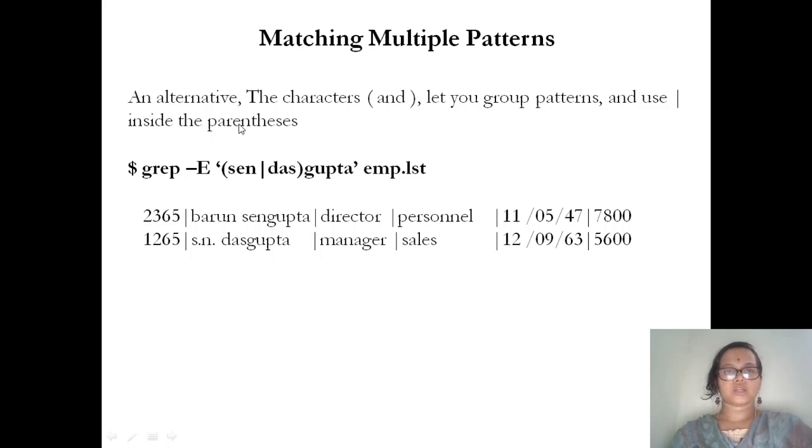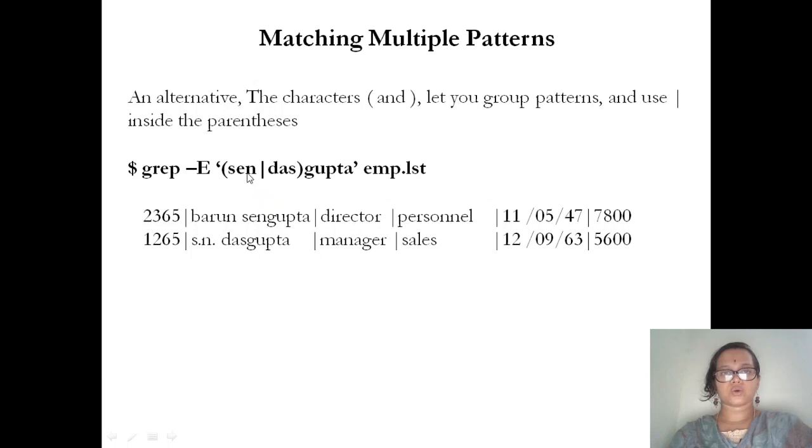An alternative for this is the parenthesis characters, which let you group patterns, so you use pipes inside the parenthesis. If you want to group patterns, then you can group them by using a parenthesis over here. Check it out with this instance, like grep -E, and you can see within the parenthesis they have given one pattern which is Sen piped with Das.